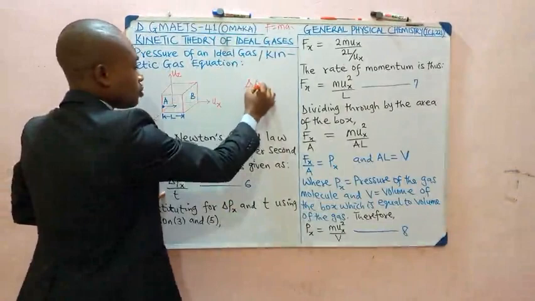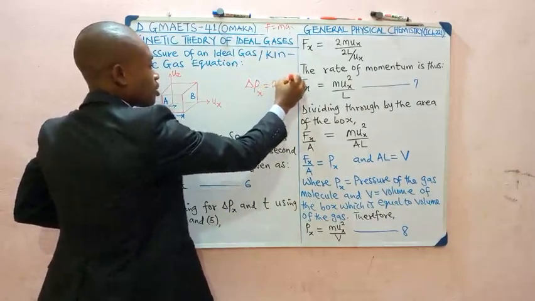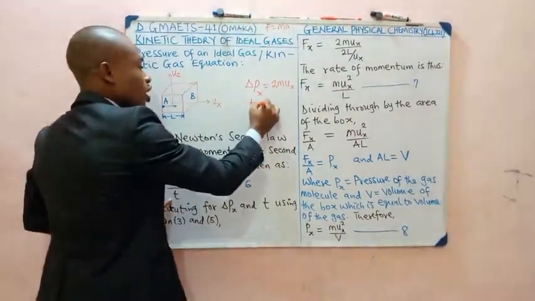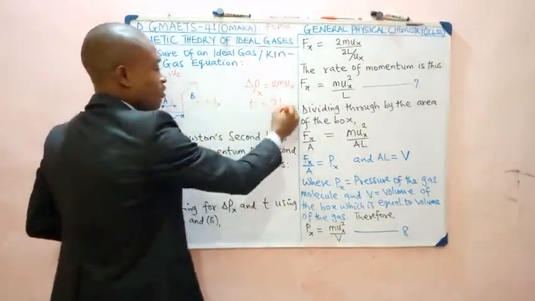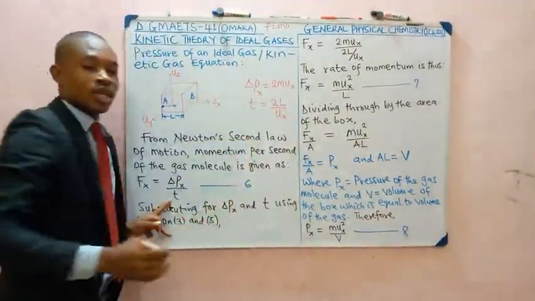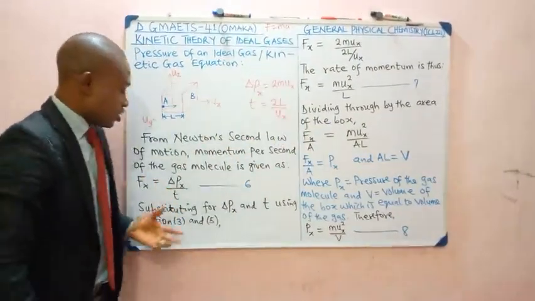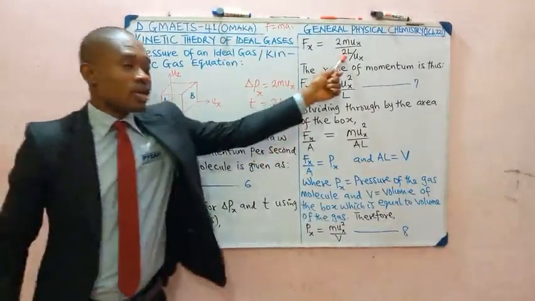Change in momentum, we got it to be equal to 2mu_x. Is that okay? And then time, we obtain time to be the total distance covered after colliding with this B divided by what? The velocity in that x-axis. That being the case, if you substitute for this change in momentum and time, you're going to get this.